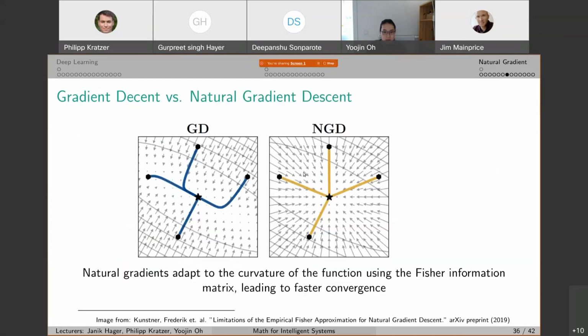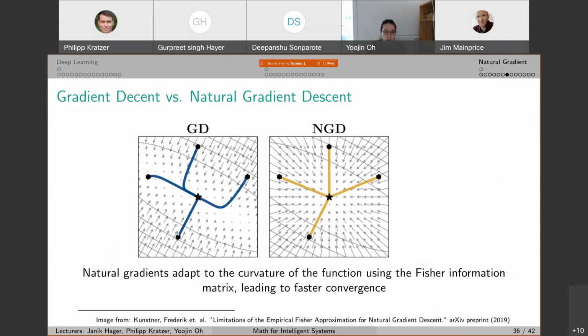In comparison to gradient descent, natural gradient descent will lead to faster convergence, because it takes into account the natural shape of the manifold for its function f. If you look at gradient descent, you take steps in the direction more or less perpendicular to the gradients.